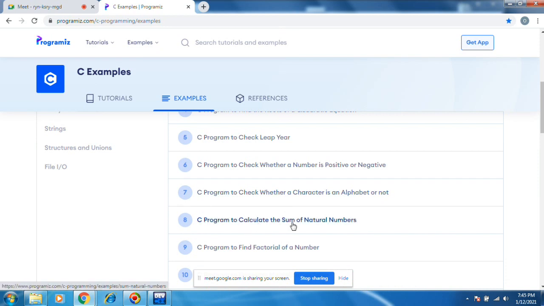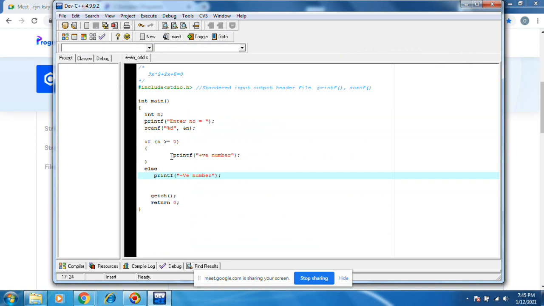C program to calculate sum of natural numbers. Okay, sum of natural numbers. I want to calculate the sum of numbers from 0 to 20. 0 plus 1 plus 2 plus 3 plus 4 up to 20. Okay, enter range. Let it be n only.